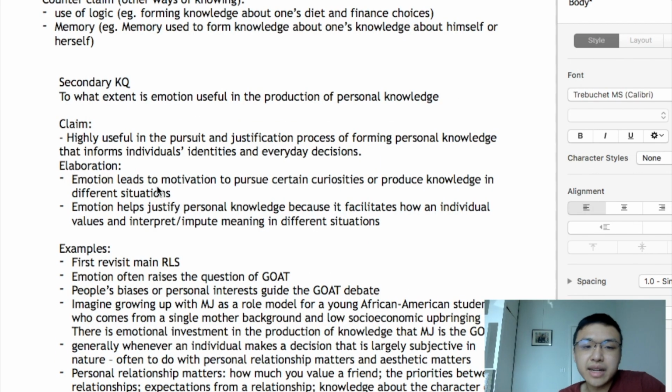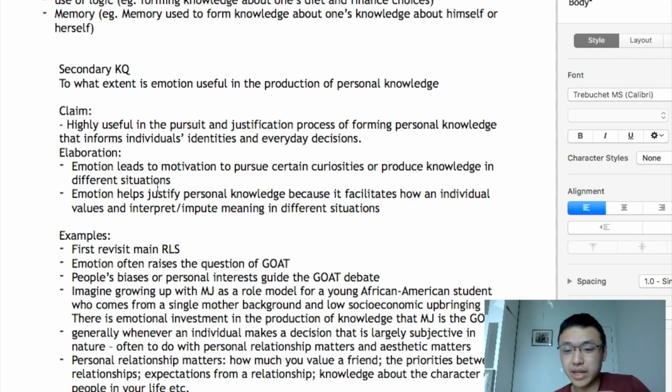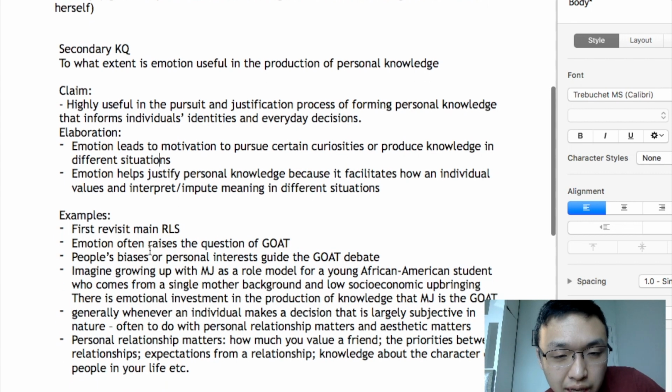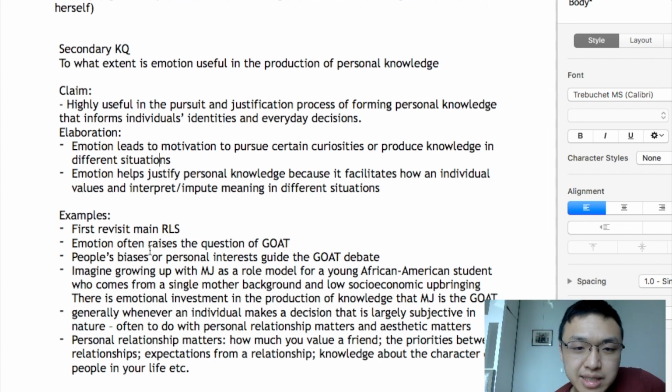So let's look at the secondary knowledge question. Basically we look at the real life situation and then come up with another knowledge question. The second knowledge question I would come up with is, to what extent is emotion useful in the production of personal knowledge?